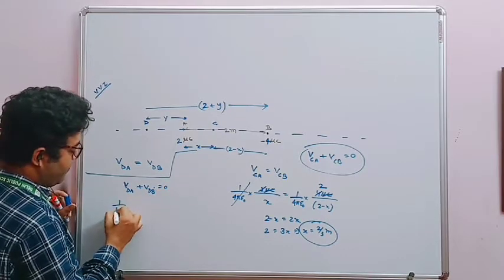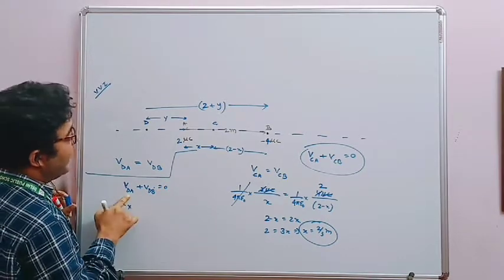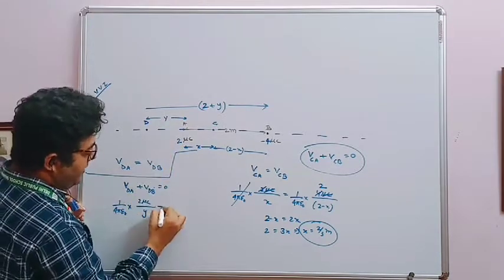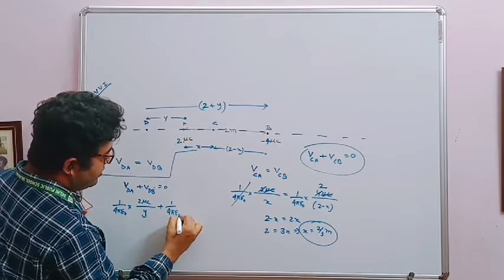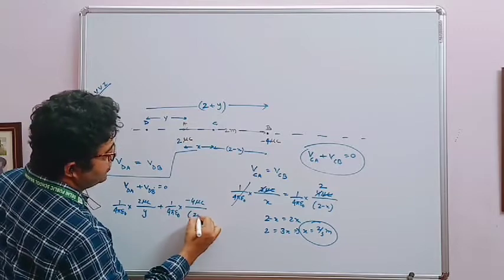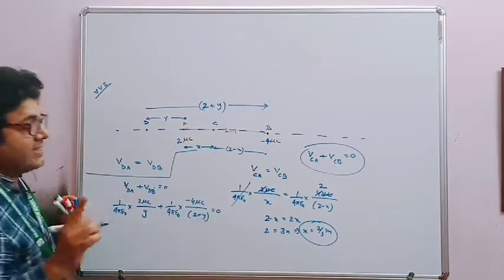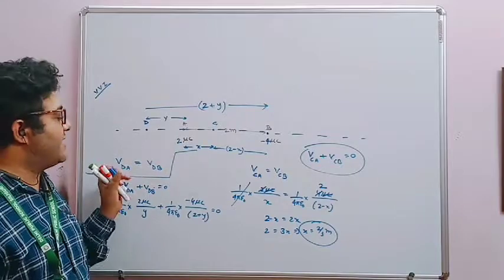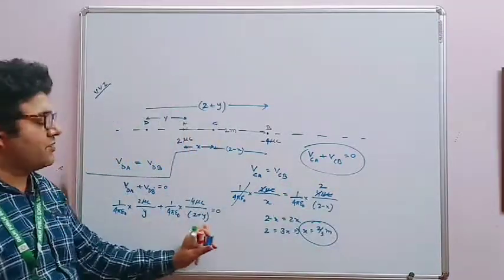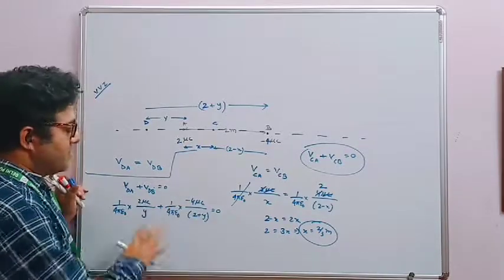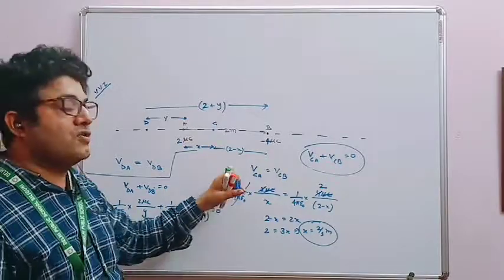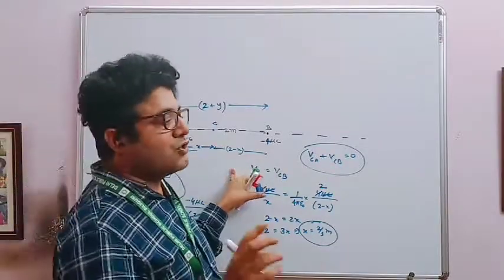So 1 by 4 pi epsilon naught, at D due to A, 2 microcoulomb, distance is y, plus 1 by 4 pi epsilon naught, minus 4 microcoulomb by 2 plus y equals 0. See what I say, again I am repeating: if you equalize them, don't use the sign. But if this plus this equals 0, then use the sign, because then you are adding the two potentials to get the value 0. But here you know they are opposite in sign, so you equalize them.